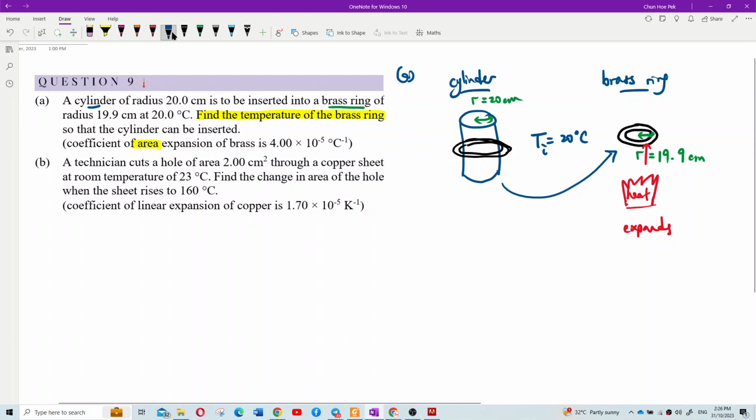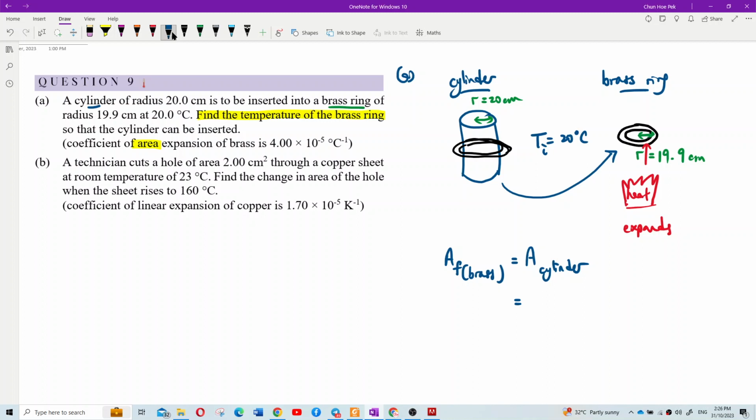So okay, this is the question to do. The final area of the brass ring must be equal to the area of the cylinder, isn't it, class?